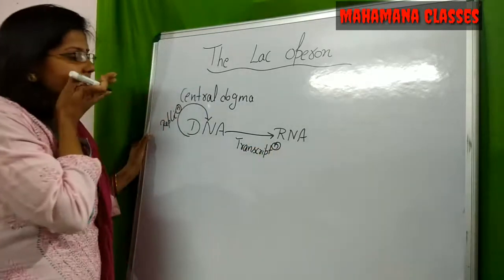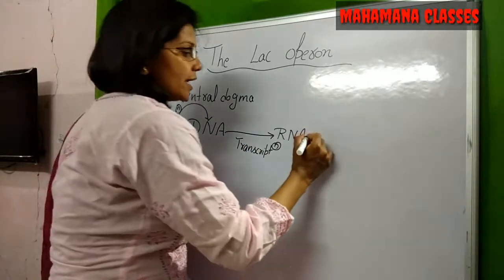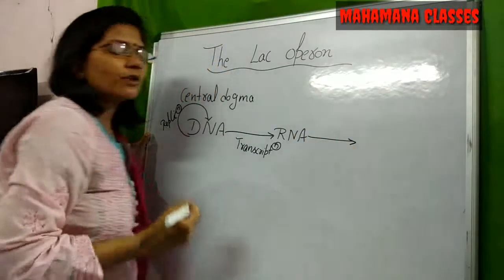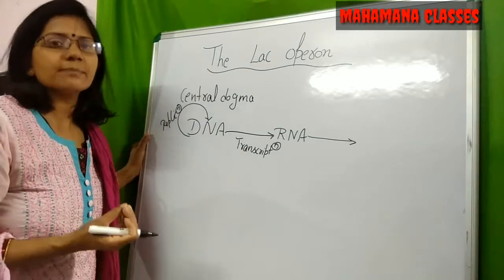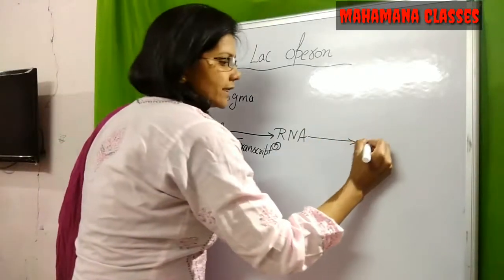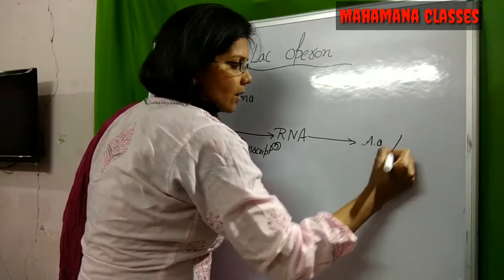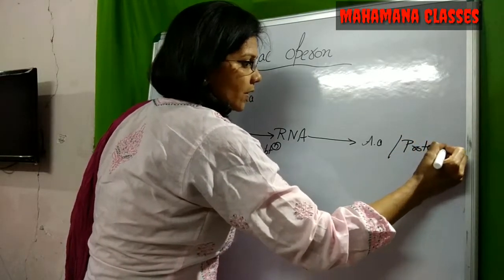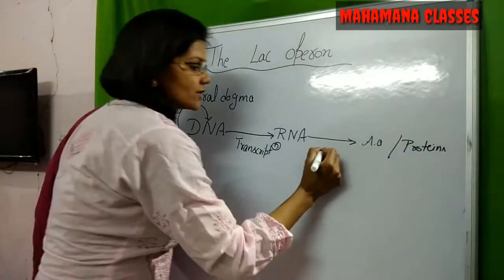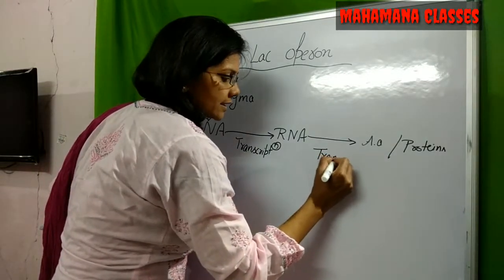And then this RNA will form amino acids, which will finally form polypeptides, and these polypeptides will do some biological function. So we can call them amino acids or proteins, by the process of translation.